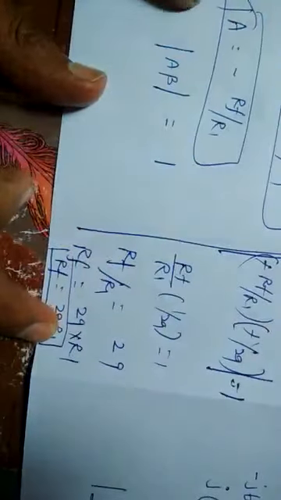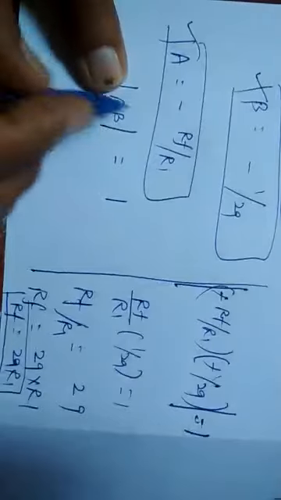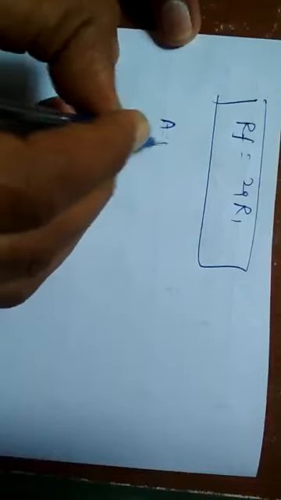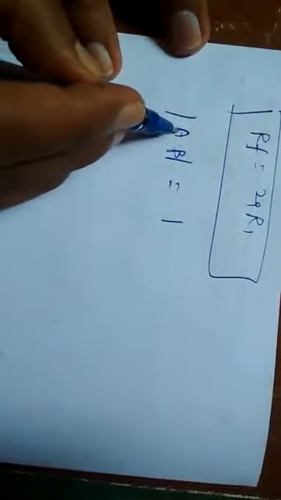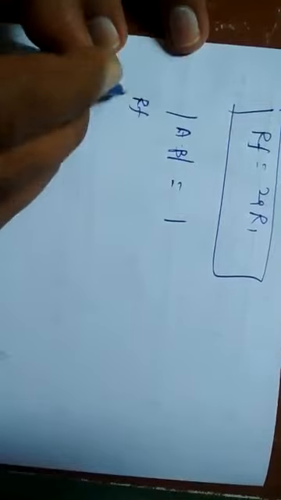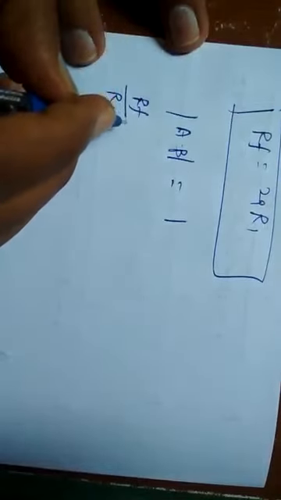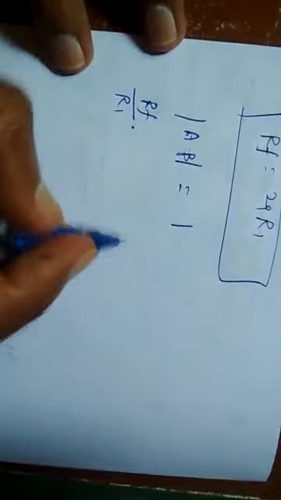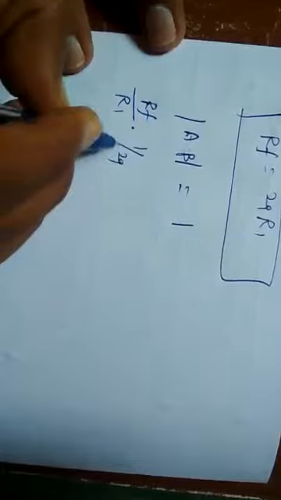If we choose RF equals 29 R1, then you'll be able to get A beta equals 1. I'm proving it. So we found RF equals 29 R1 from this expression, and we have the absolute value of A beta must be equal to 1. Now A is the gain of the inverting amplifier, RF by R1, and beta is the gain we have derived from the feedback path, that is 1 by 29.